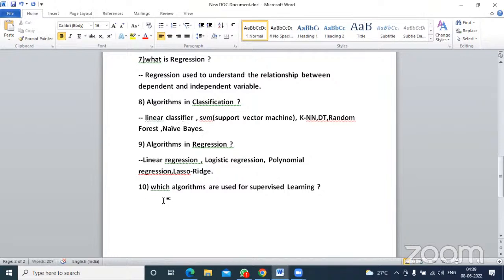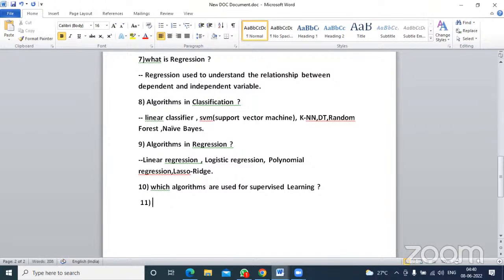Yes, it is a combination of regression and classification: linear, SVM, KNN, decision tree, random forest, naive Bayes, linear regression, logistic regression. These all are algorithms we are going to use for supervised learning. Is that okay for you? I am not writing because I already wrote above.